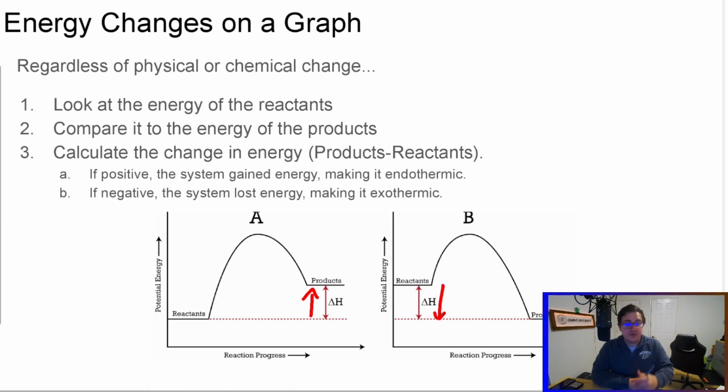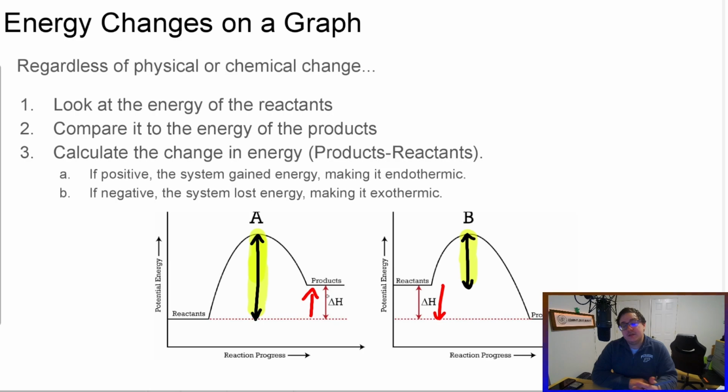Both of these are going to have some sort of activation energy, the energy it takes to get the chemical reaction started. It is there, but we aren't going to be looking at it in our calculations. We're only looking at what I have drawn as the red arrow here, showing the change in enthalpy.